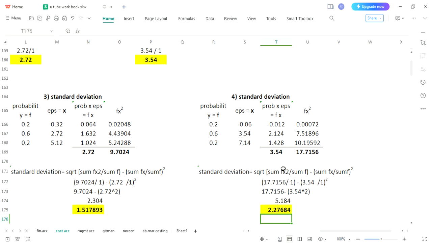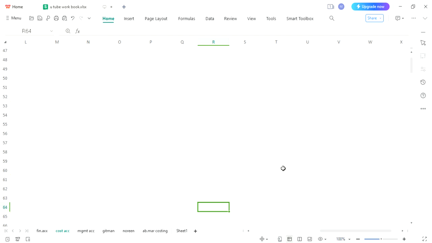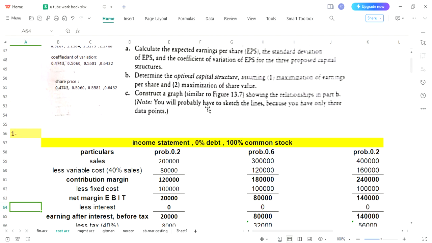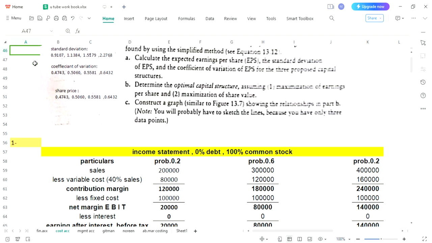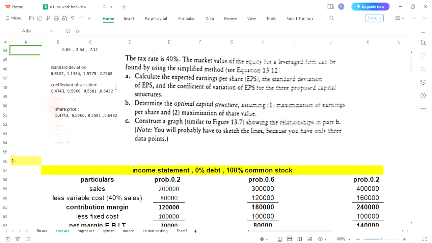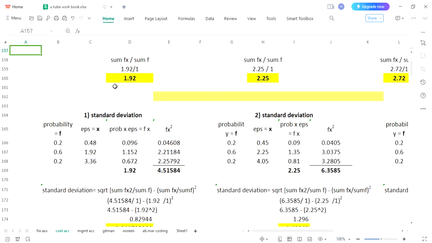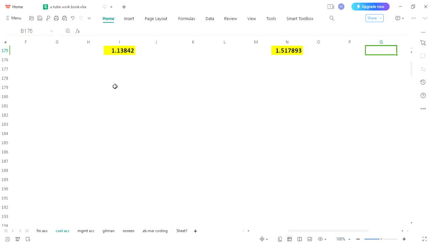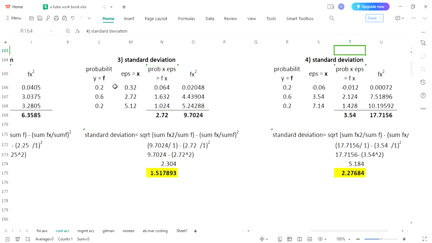So we have got our fourth standard deviation, that is 2.27. Let's check it out. Fourth standard deviation is 2.27, and we have calculated our fourth standard deviation as 2.27. So in this way, thankfully, our next part has been completed.